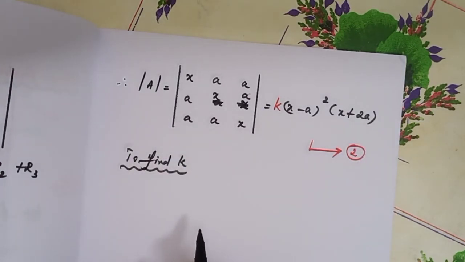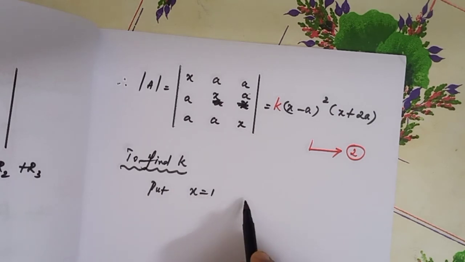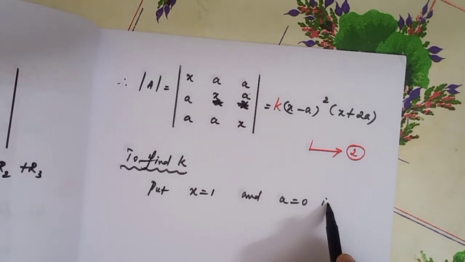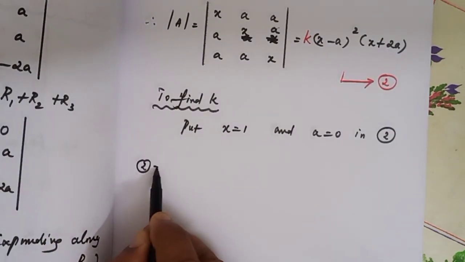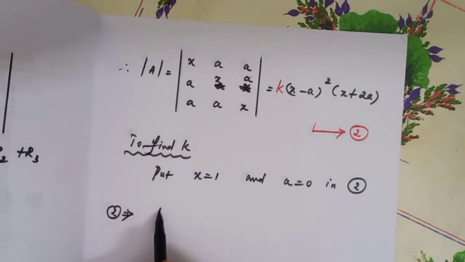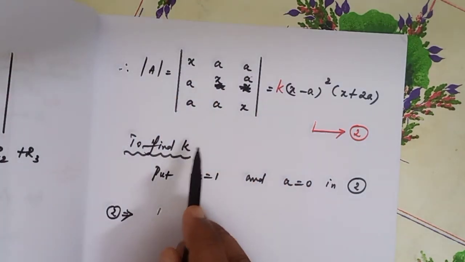So any value can be given, with the condition that none of the sides equals 0. For that, I am replacing x by 1 and a by 0. Put x equal to 1 and a equal to 0 in equation number 2. A particular variable can be 0, but the determinant value cannot be 0.